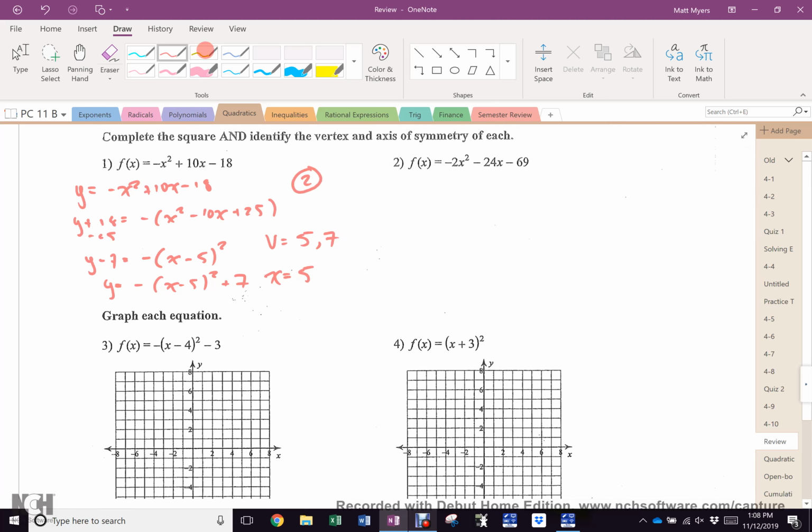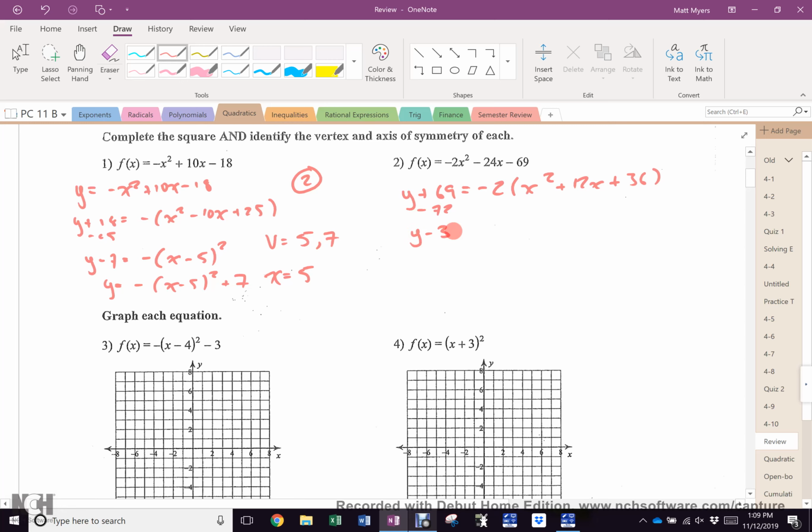2 marks for that. Over here, y plus 69 equals negative 2x squared plus 12x plus 36. But it's really minus 2 times 36, so it's minus 72.